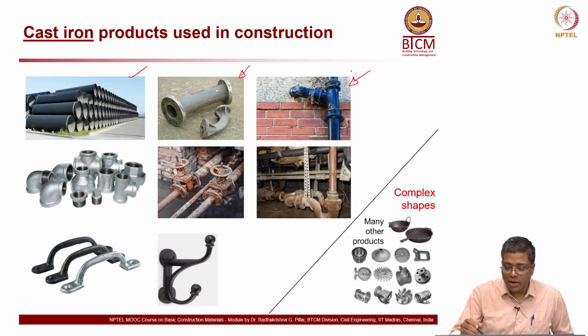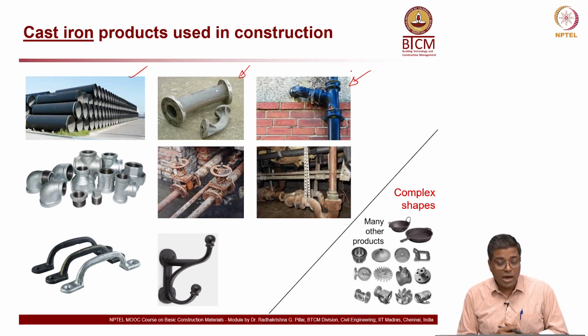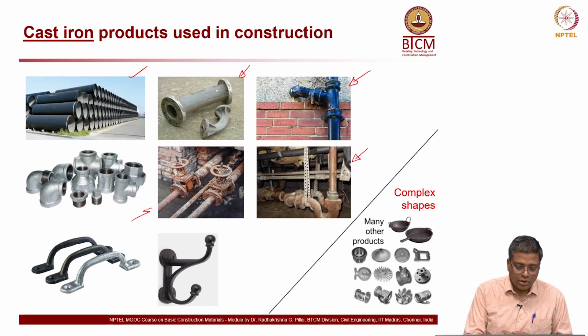Okay, and then pipelines, because it used to have comparatively high strength than the other material, than the iron. So, people started using cast iron, but there were some problems. I will come to that later, and these are other examples of cast iron.